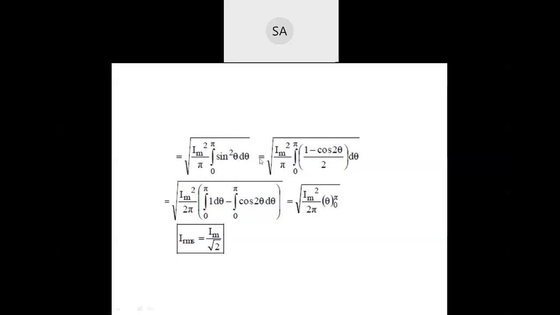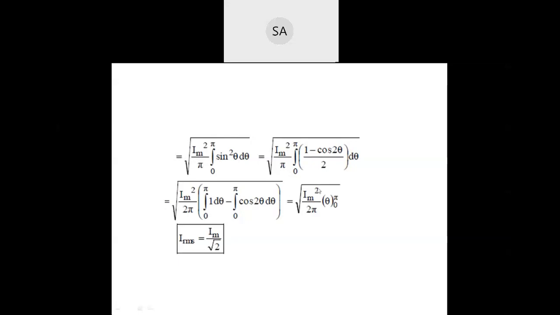Sin square theta can be written as (1 minus cos 2 theta) by 2 into d theta. So 2 is taken out of the integral, giving Im square by 2 pi, integral of 0 to pi of 1 d theta minus integral of 0 to pi of cos 2 theta d theta. The integral of cos 2 theta d theta is equal to 0.